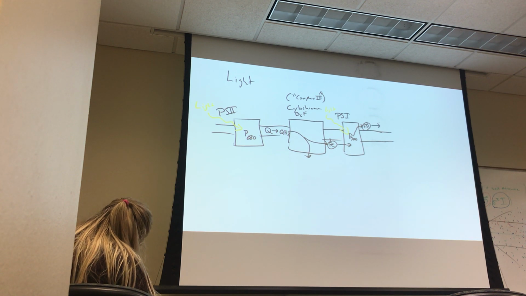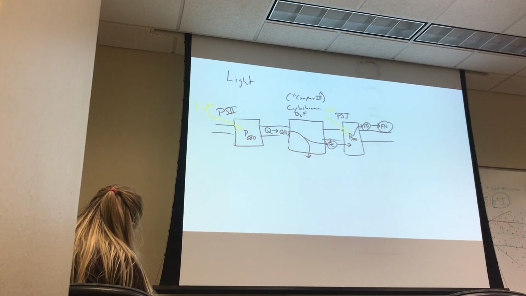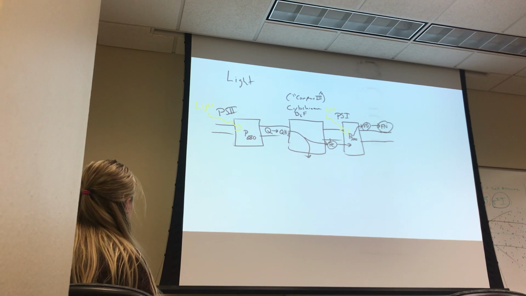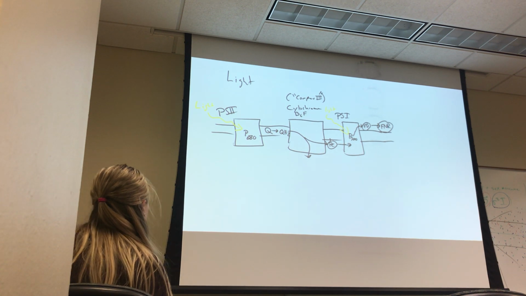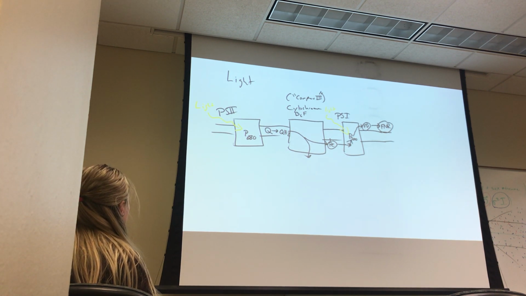And ultimately the electrons will go from that to the ferredoxin NADP plus reductase. I always remember it as FNR, and I'm fine if you just remember it as FNR. Okay? And so this is the flow of the electrons through here.